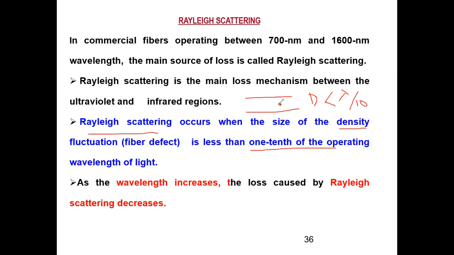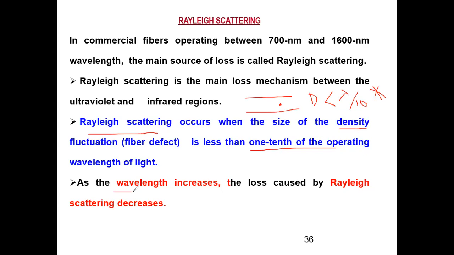If the size of the defect, whatever you want to call these fluctuations, is small, that scattering is called Rayleigh scattering. Please remember this to differentiate Rayleigh scattering: some impurities are there, the light is striking and it is scattering in a different direction.